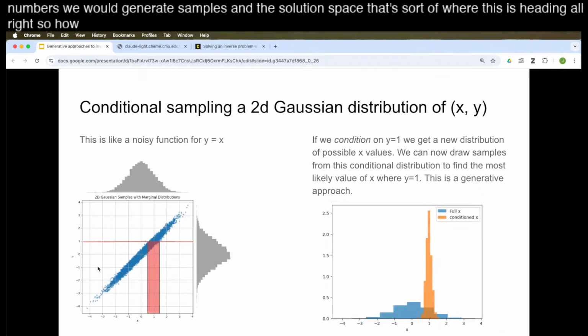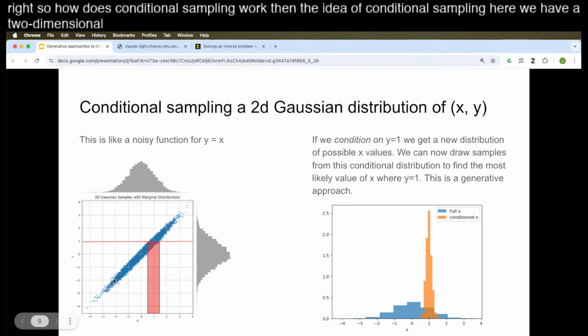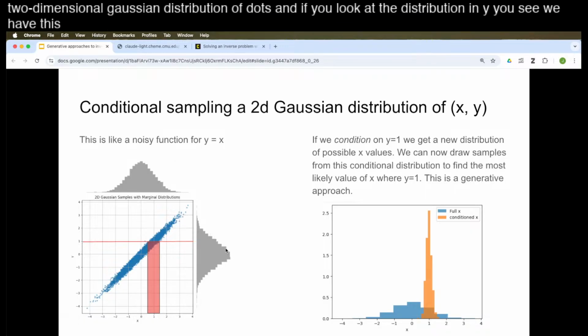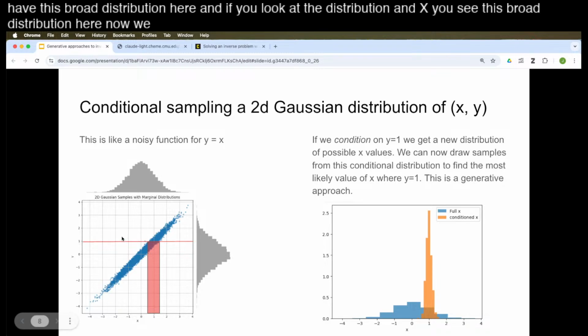All right, so how does conditional sampling work then? The idea of conditional sampling, here we have a two-dimensional Gaussian distribution of dots, and if you look at the distribution in Y, you see we have this broad distribution here. And if you look at the distribution in X, you see this broad distribution here. Now, we can't just pick any points in this space. They're not very likely.